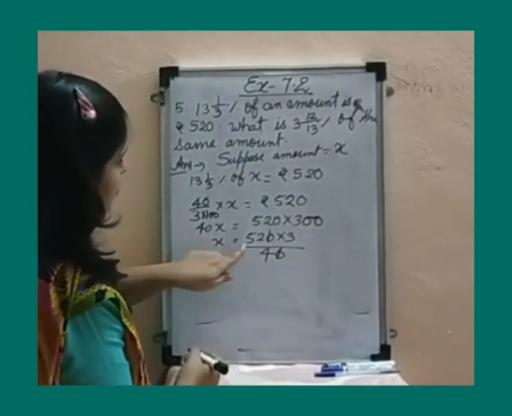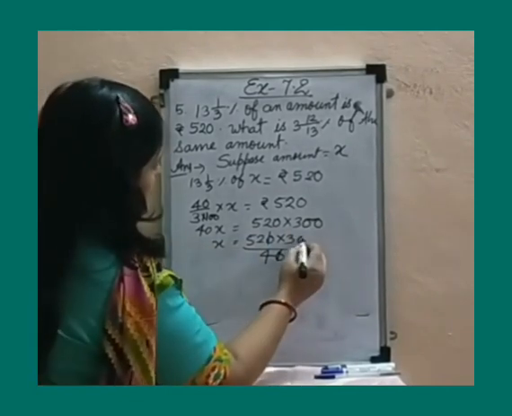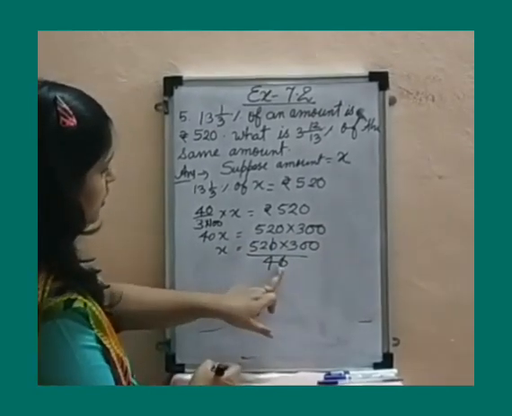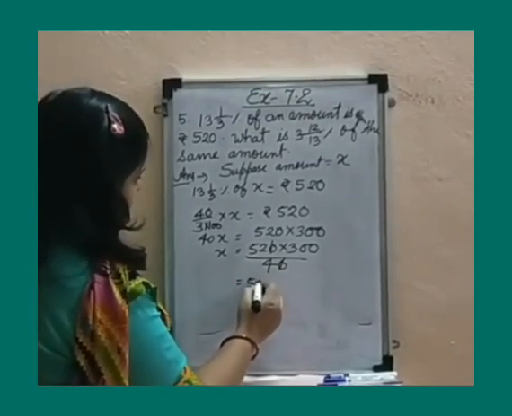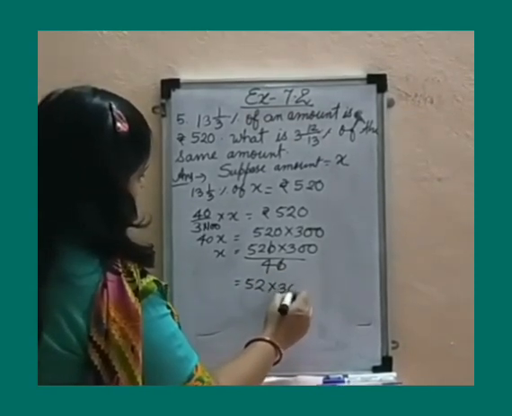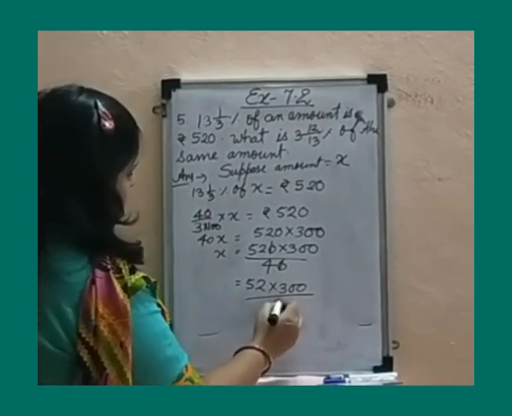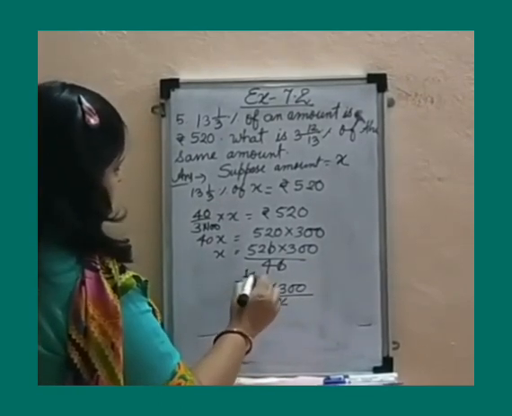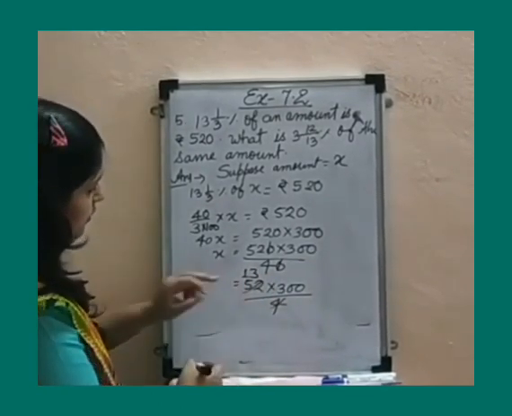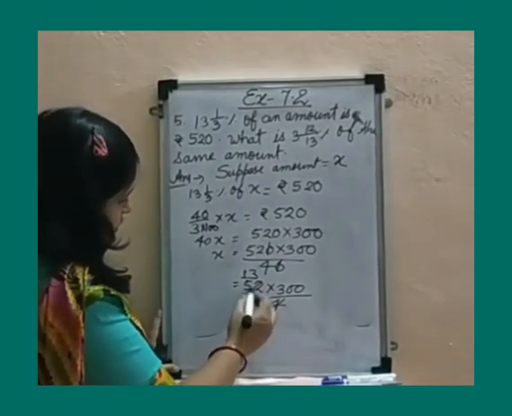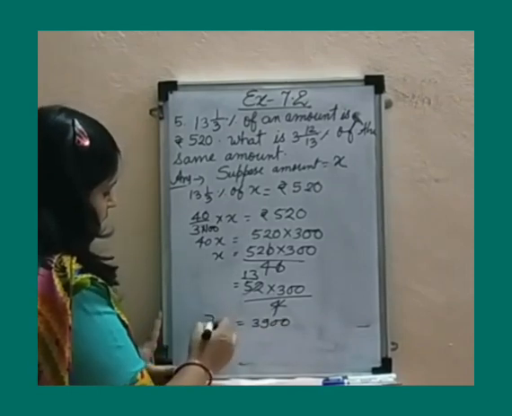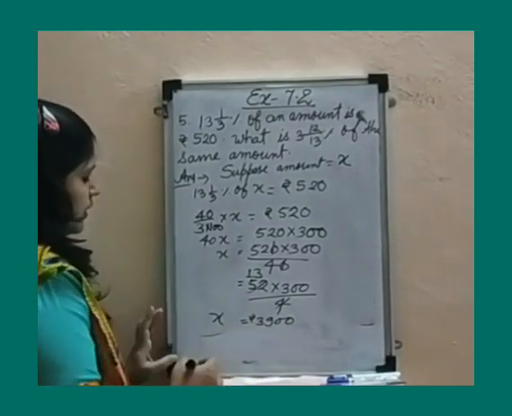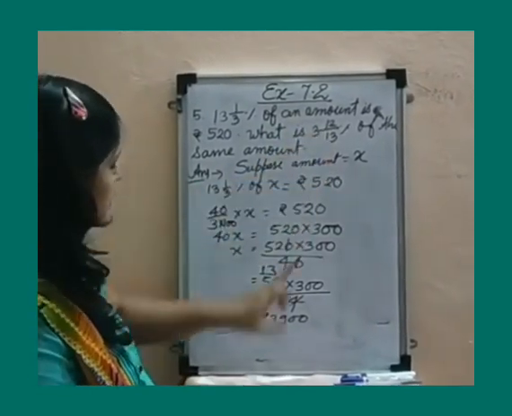Now x equals 520 into 300 upon 40. 10 by 10. 52 into 300 upon 4. 4 1s are 4. 4 3s are 12. So 13 into 300 is 3900. x equals rupees 3900. It means the amount is 3900.